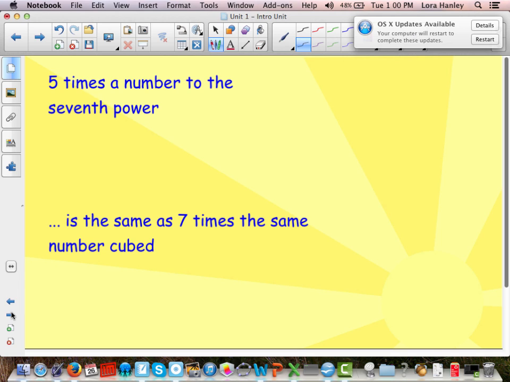Here we throw in a power or an exponent. 5 times a number, so 5, and when we see a number, we want a variable, we can use p. 5 times the number to the 7th power is the same as, so this translates to our equal sign, 7 times the same number. So if I use p over here, I need the same number here, so I'm also using p, and cubed is the 3rd power. 5p to the 7th equals 7p to the 3rd, or 7p cubed.